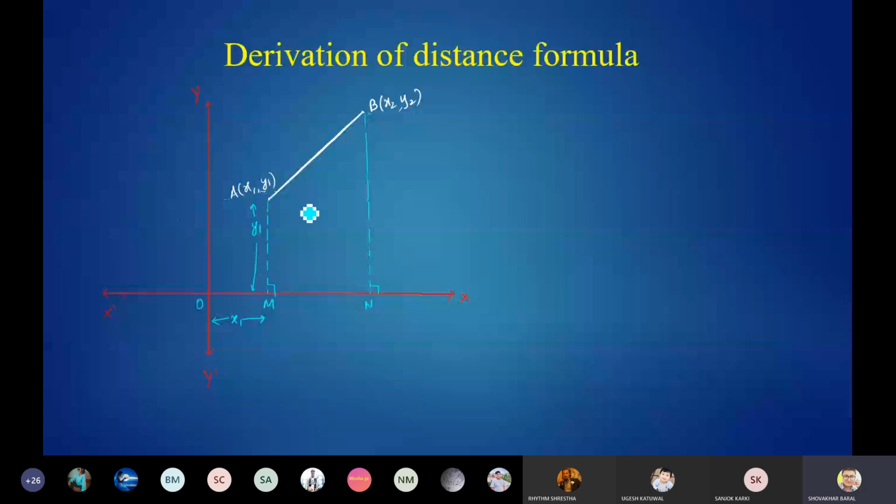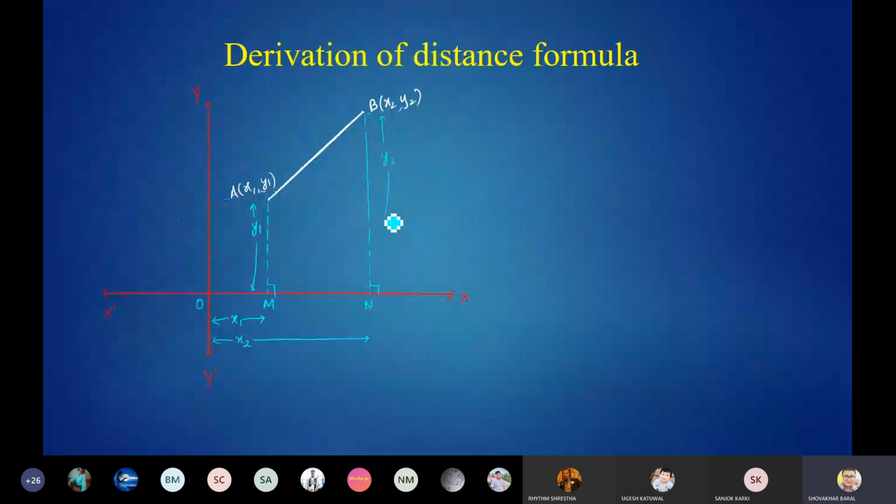Again, let's see here. Its coordinate is (x2, y2). So the distance between O and N is x2 and the distance between B and N is y2. Do you understand now?